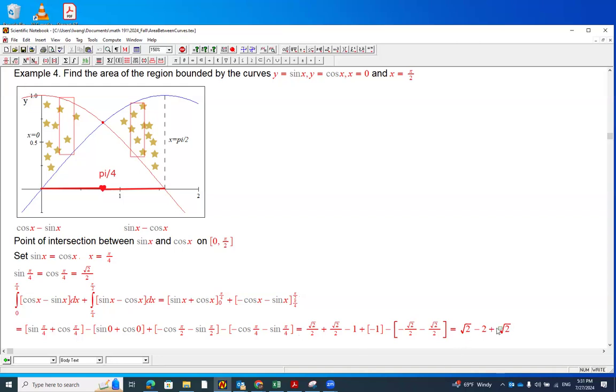Minus 1. So in the end, we get 2 times root 2 minus 2.